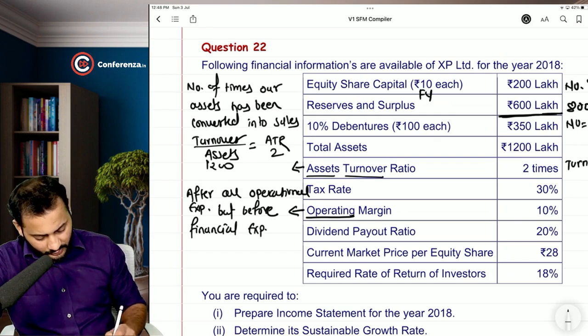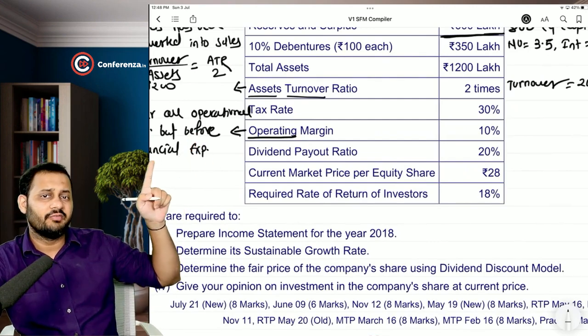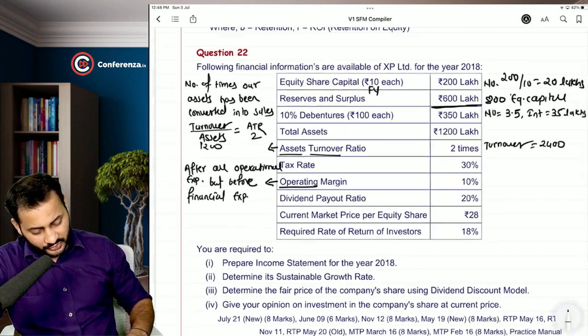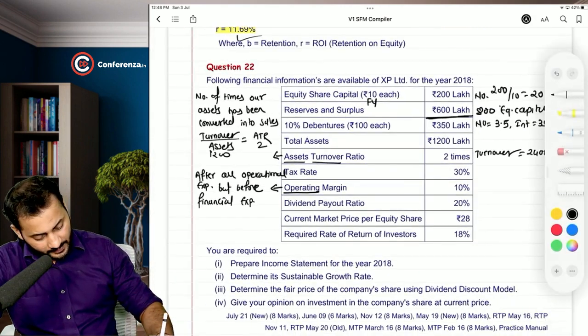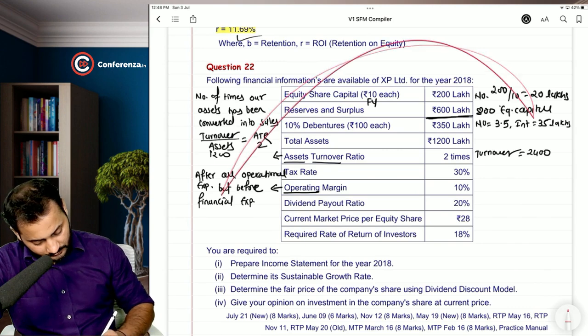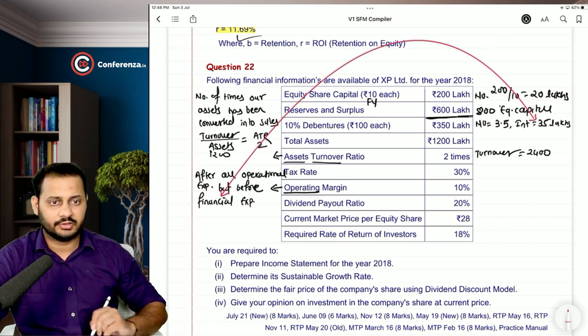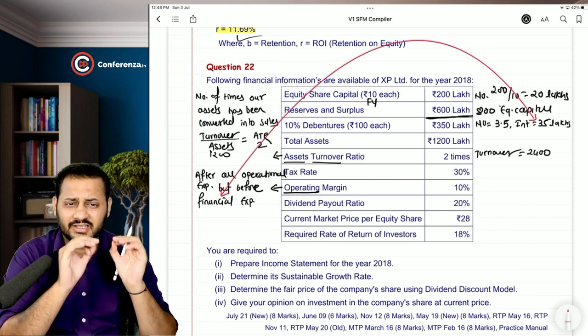So what they want to say is this is the margin before deducting any financial expense. And what was your financial expense? Just wait for a second. Financial expense was interest. You should do the marking like this, exactly like this.